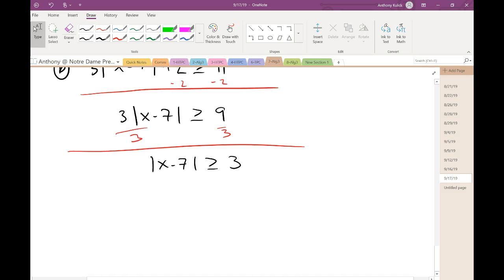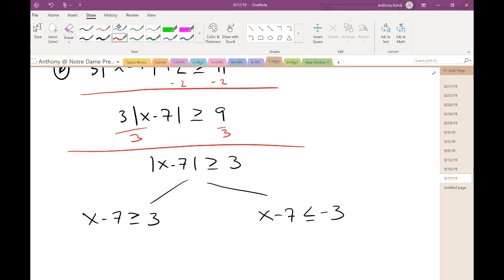What now? Negative. Yep. Good. Everybody happy with that? I agree. And so to solve, I'll just add 7 to both sides.